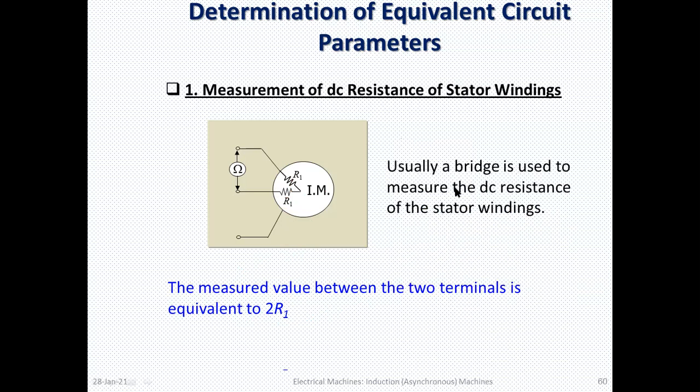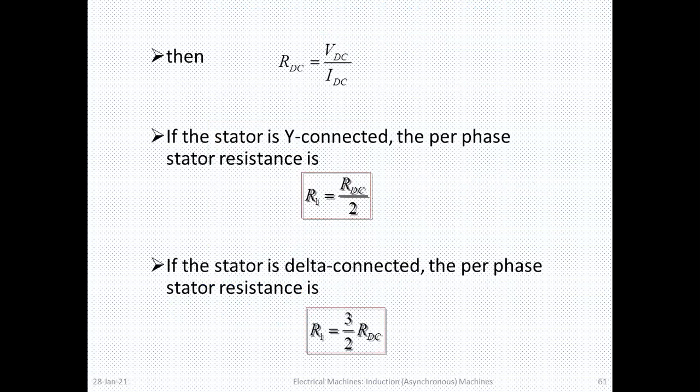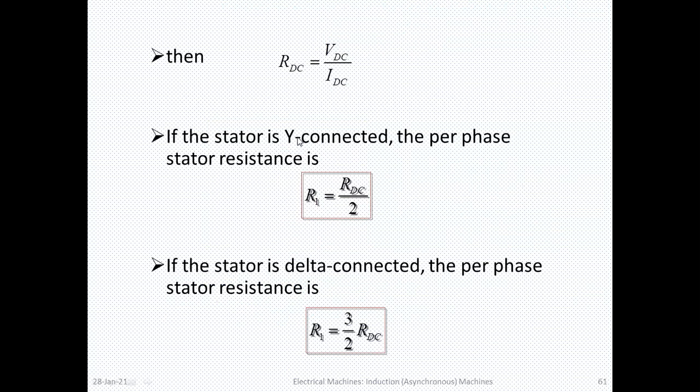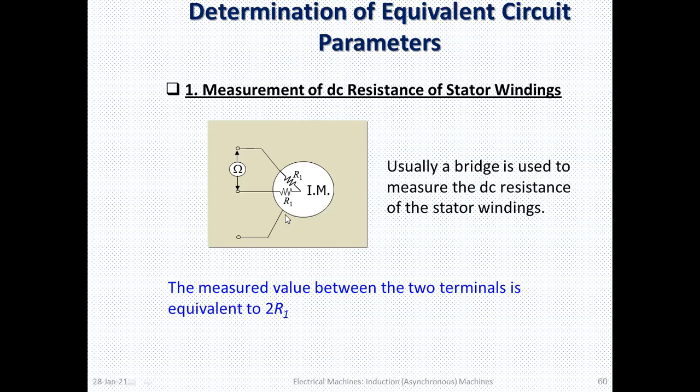Usually a bridge is used to measure the DC resistance. We know very well that the bridge method is used to measure the resistance of the stator winding. Here the DC resistance between these two terminals is given by VDC by IDC. If the stator is connected in star, as shown here, these two resistances are in series.